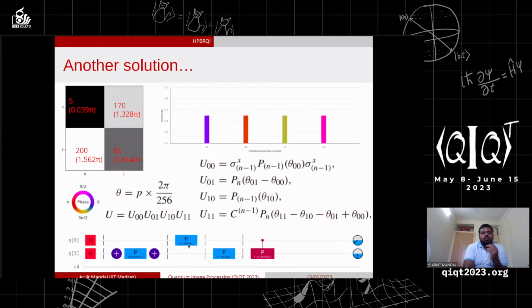When you then fix the phase of the 01 state, it will change the phase of the 11 state. So you have to keep this in mind, that it will modify the other phases, and accordingly you maintain the phase updation, and you can represent the images using a lesser number of non-local gates.